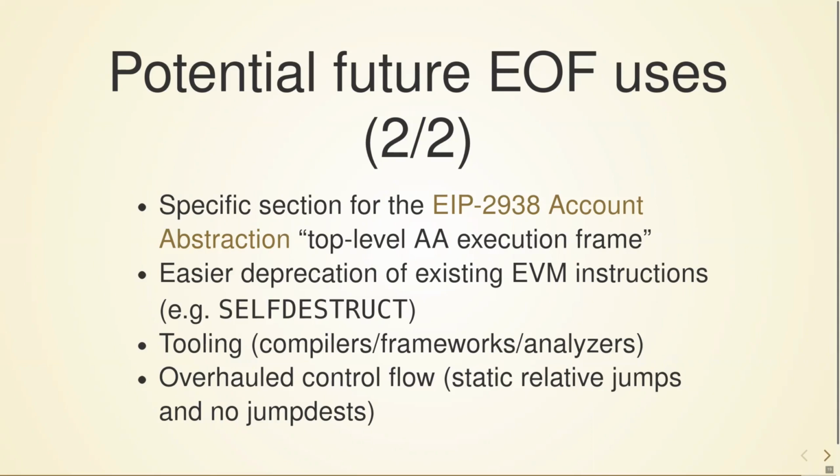And I guess lastly is really just tooling, which is an added benefit, but it doesn't really make any difference on-chain, because these are really just off-chain use cases. But compilers and frameworks definitely could benefit from having the separation, or having all these other features we discussed.